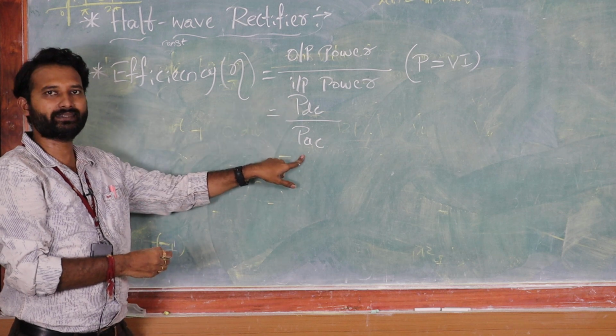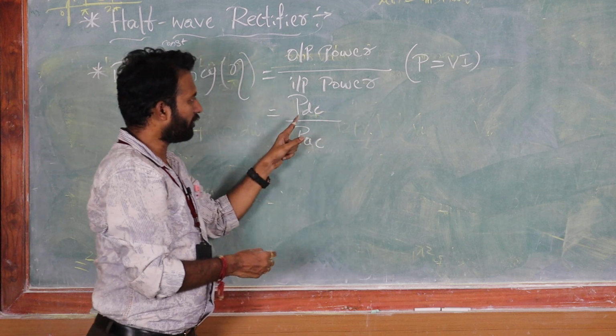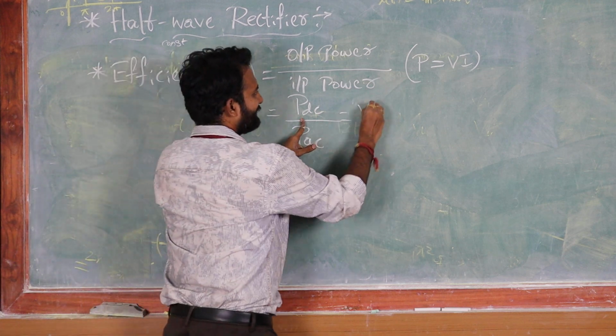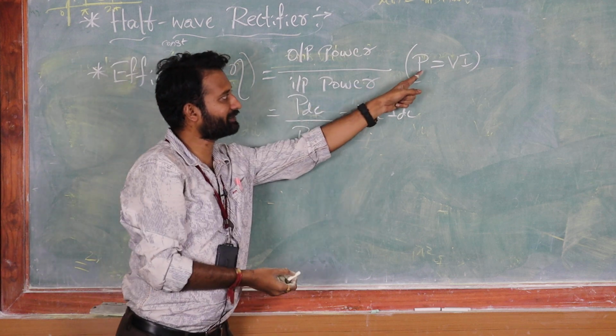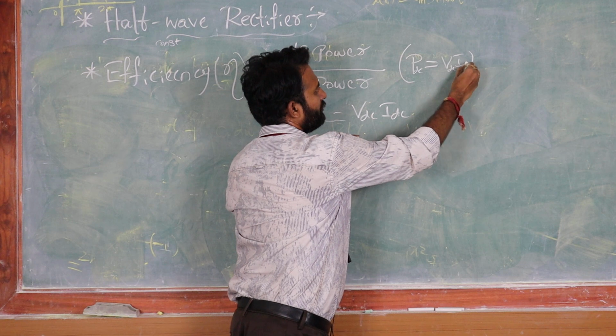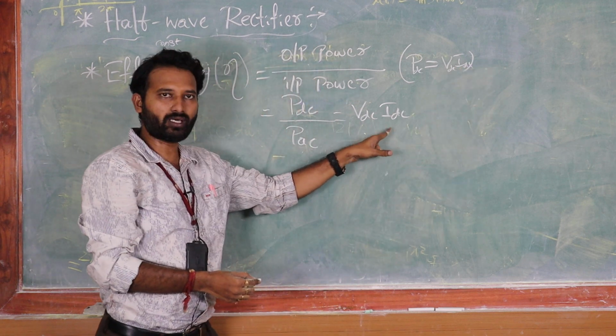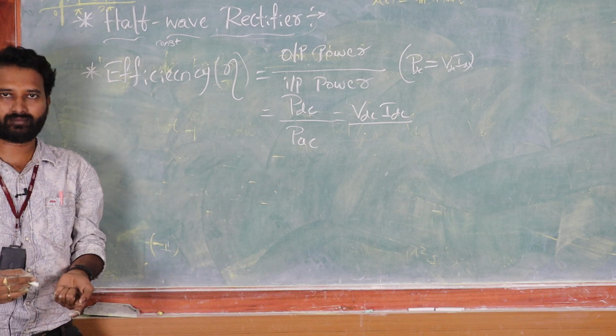PDC by PAC. Now you know in general P is equal to V into I. Now I can write it as VDC into IDC, just write suffix DC here. PDC will become VDC into IDC. Now AC is nothing but RMS.